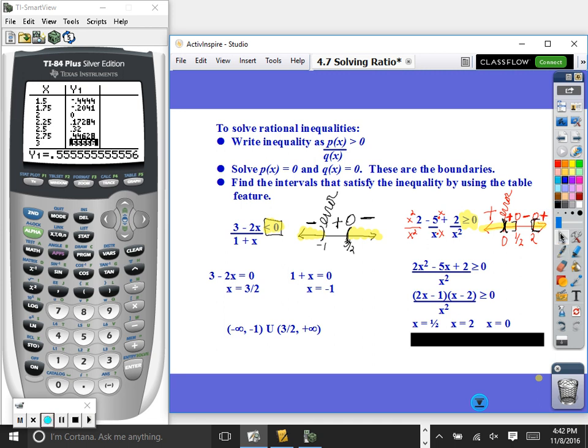So that is -infinity to 0, union 0 to positive 1/2, inclusive, union 2 to positive infinity. I can't just say -infinity to 1/2 because I have that asymptote in there, so that would include the 0 unless I write it with the parentheses.